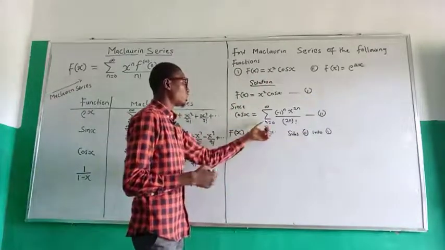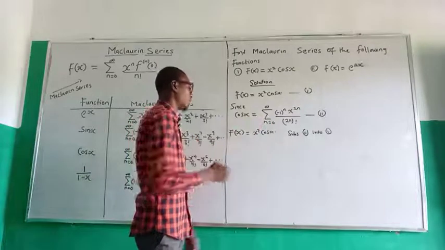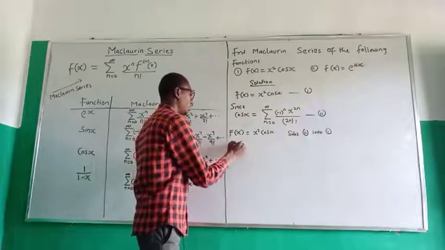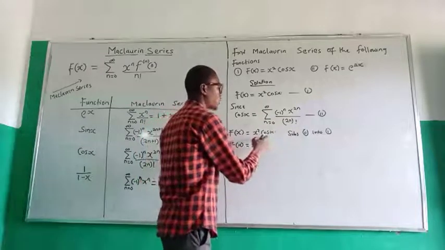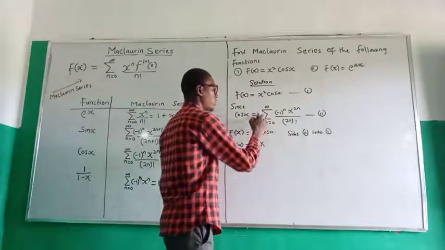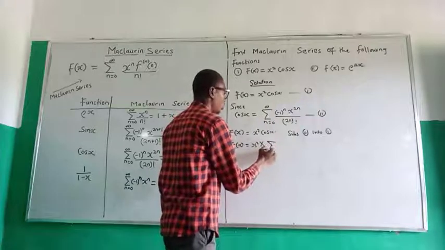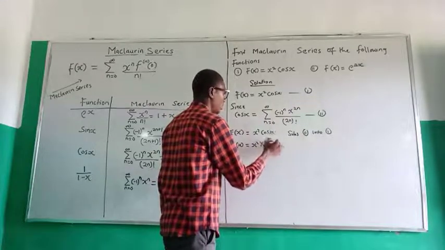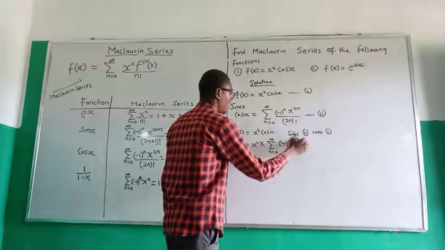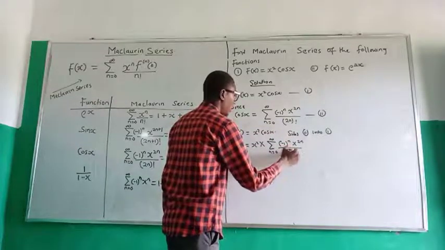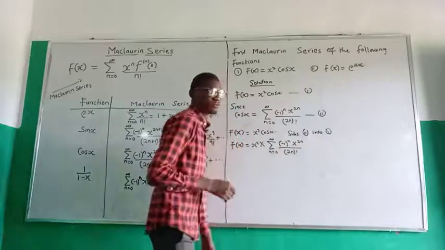So f of x is x squared multiplied by the Maclaurin series of cos x, which is the summation n equals 0 to infinity of minus 1 raised to the power of n, x raised to the power of 2n, divided by 2n factorial.